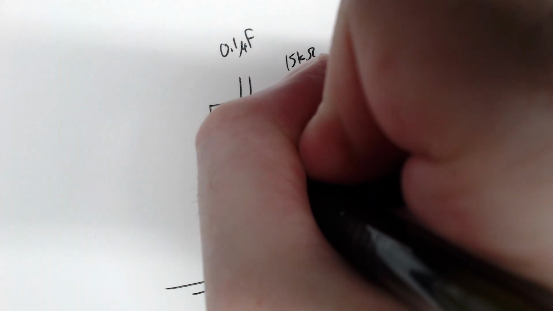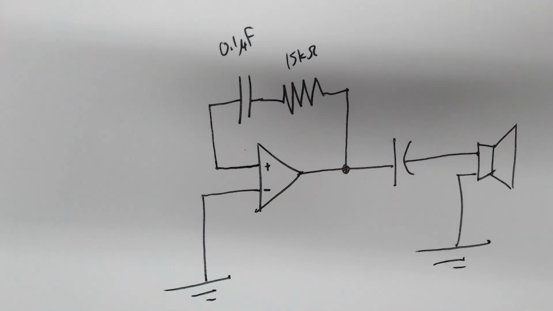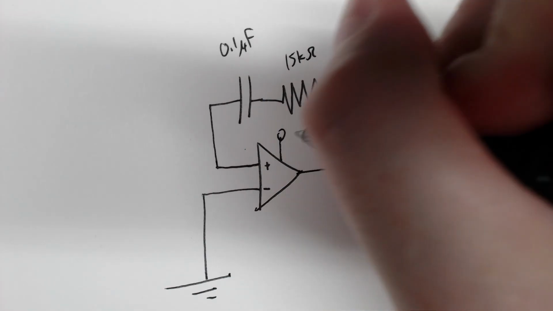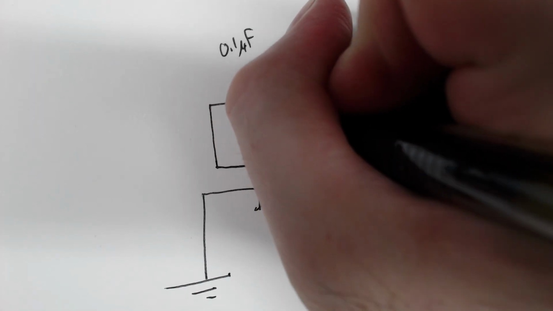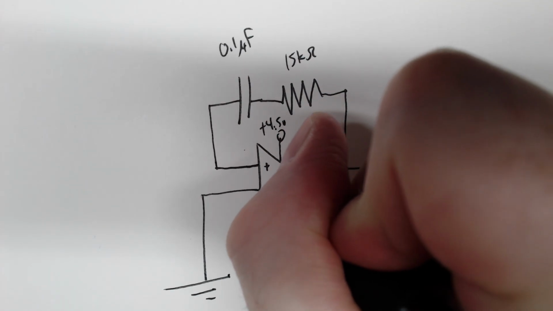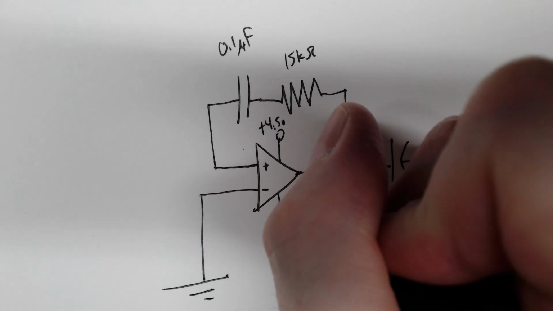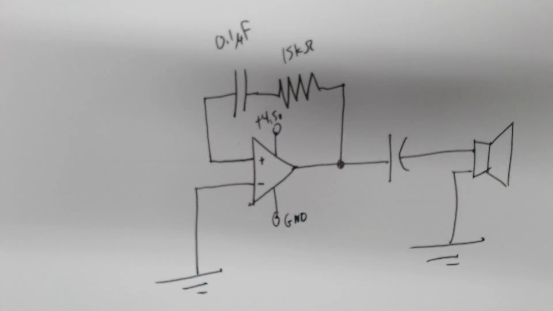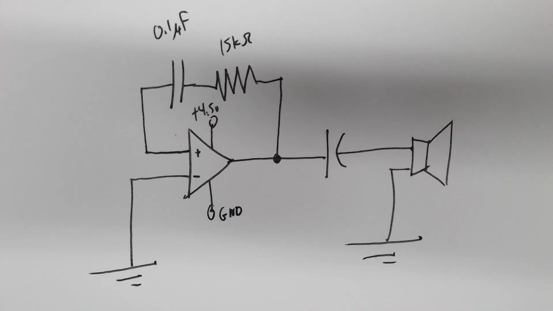This comes to our non-inverting input. So this is the thing that's different. None of this really changes. If you saw my other technical video, this is plus 4.5 volts, and then this guy is connected to ground. This is 0 volts here. So this is what we've got.